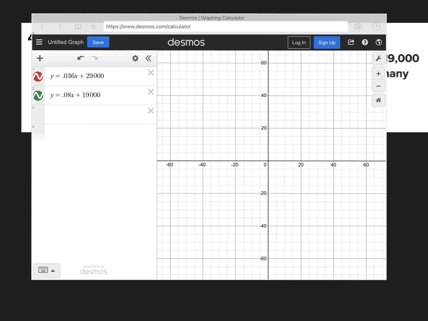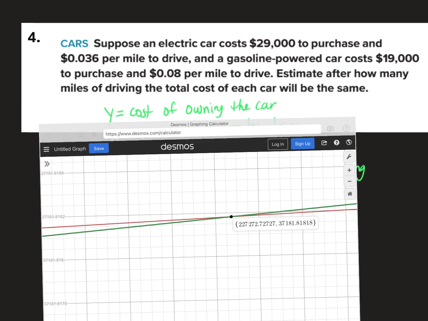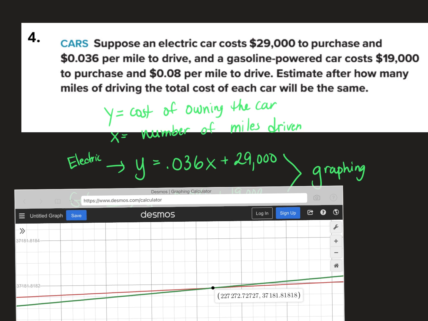227,272.7 miles. 37,181.8 miles. Okay, so I'm just going to click to the side here so I can move that graph out of the way. So, which one of those represents the cost? The question is, estimate after how many miles of driving the total cost of each car will be the same.